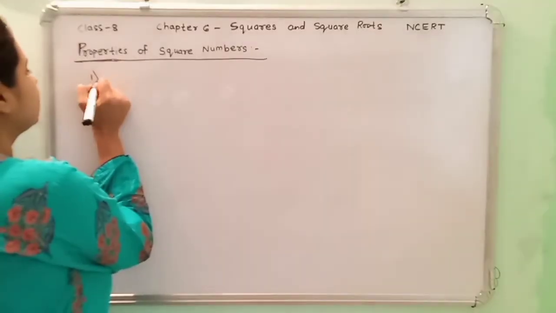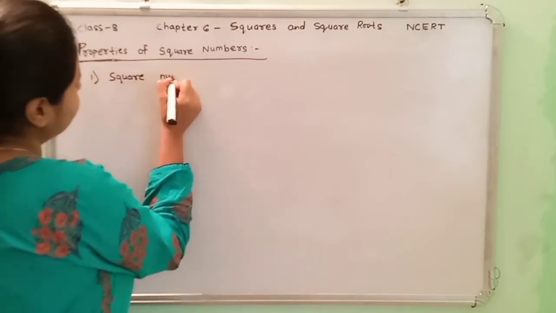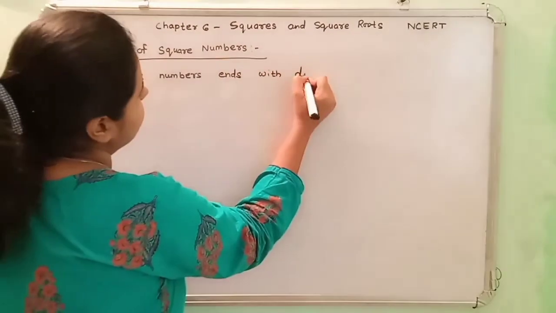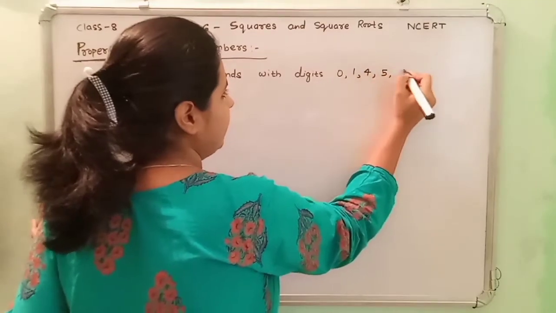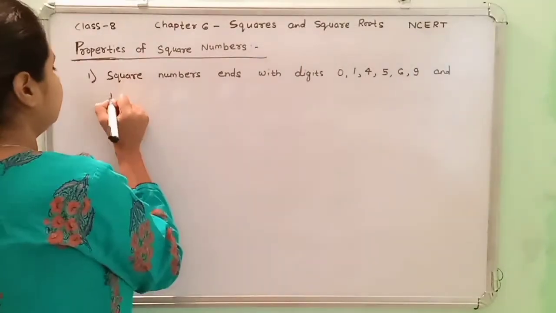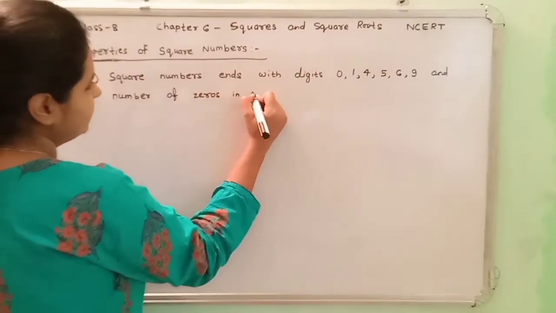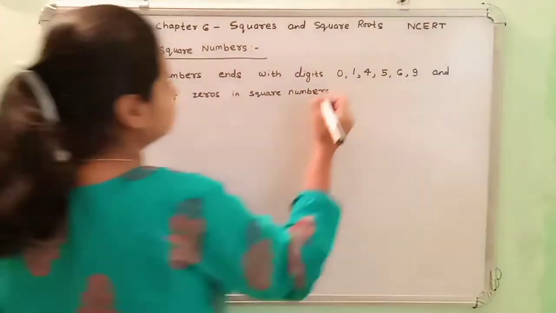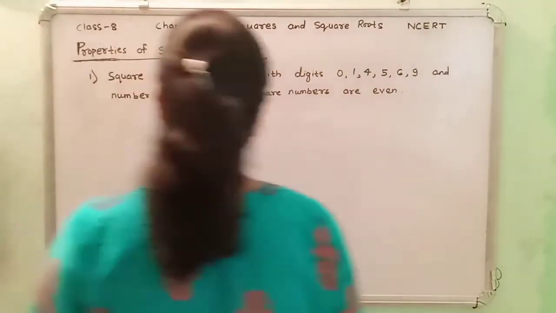So the first property is: square numbers end with digits 0, 1, 4, 5, 6, 9 and the number of zeros in square numbers is even.